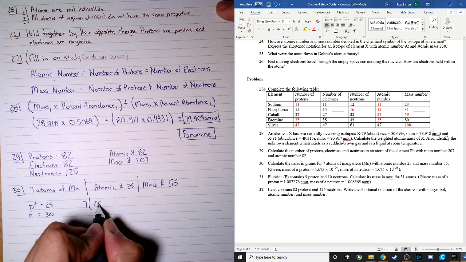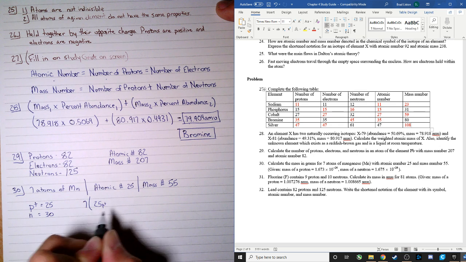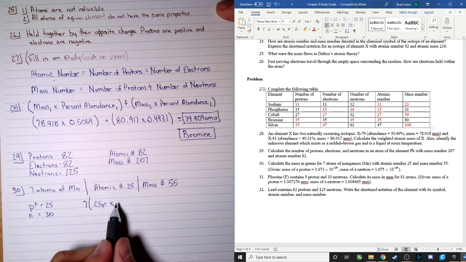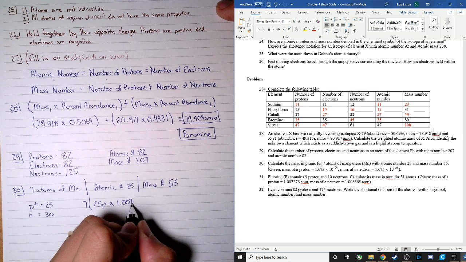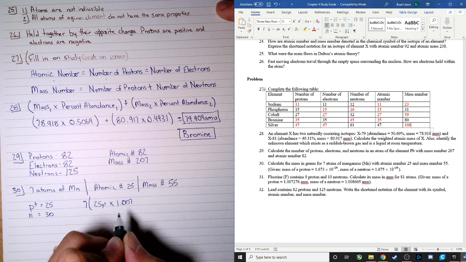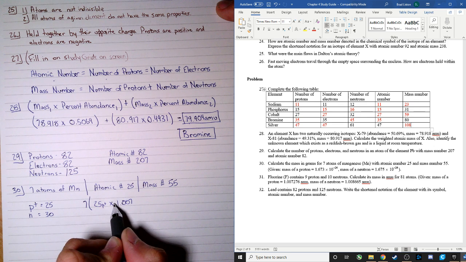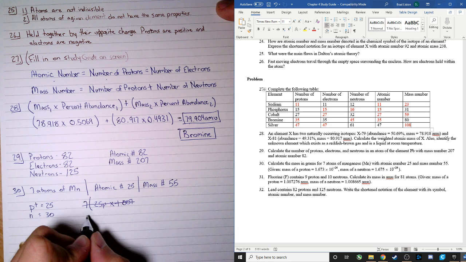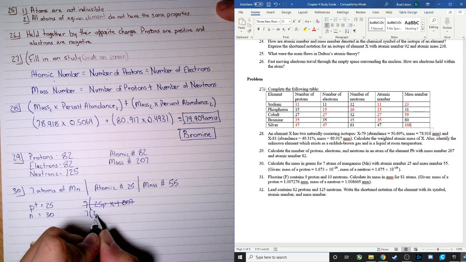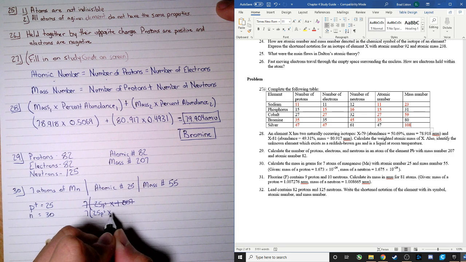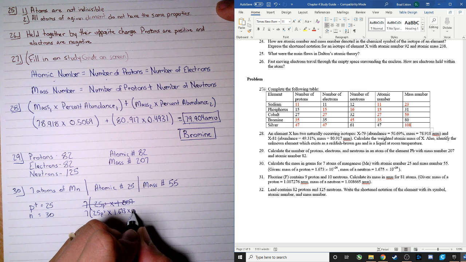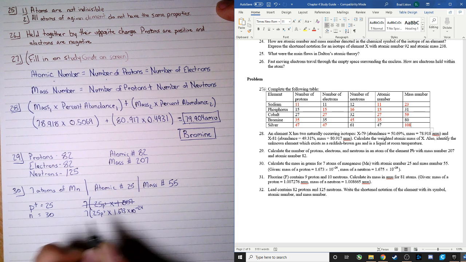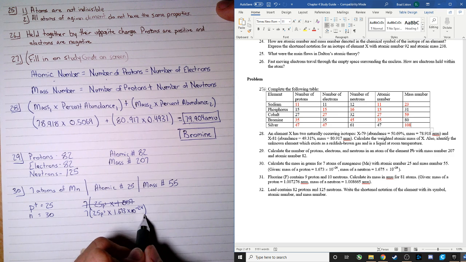We have 25 protons, so P plus, times the mass of a proton. Oh man, I looked at the wrong problem. We need grams. I'll rewrite this. 7 times 25 P plus times, I'll make sure to get the right number this time, 1.673 times 10 to the negative 24th. That's the total mass of protons.